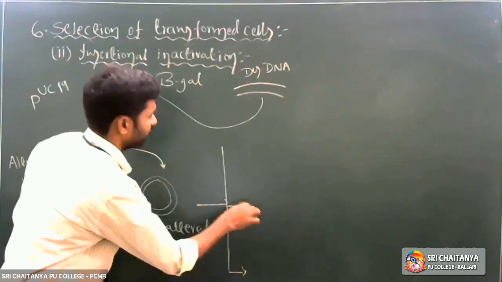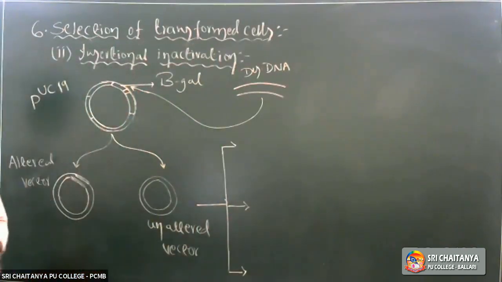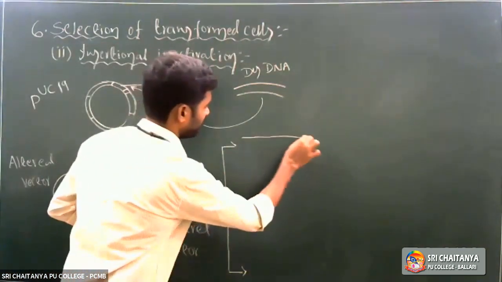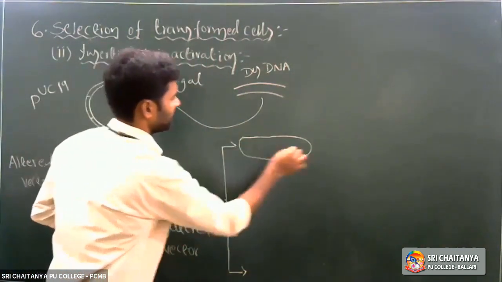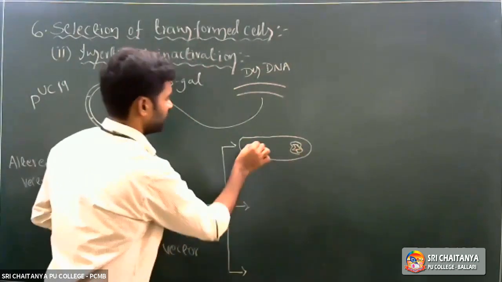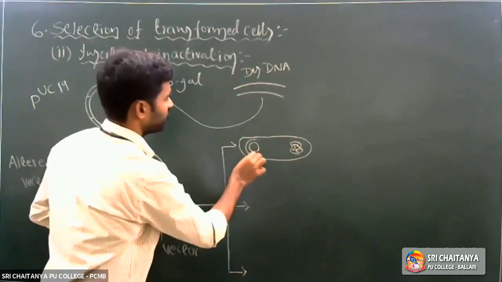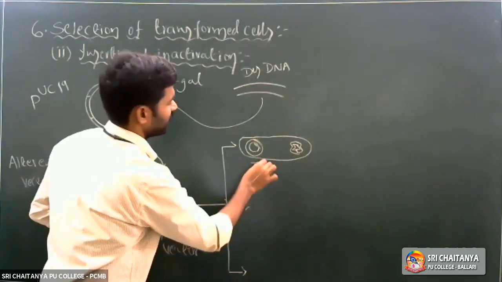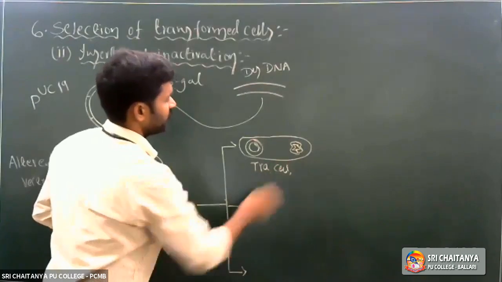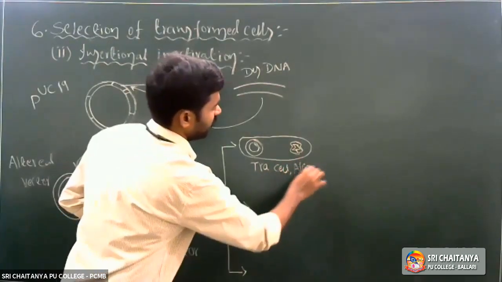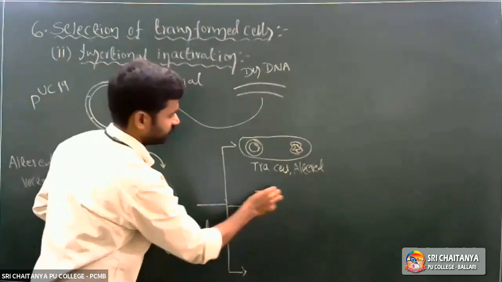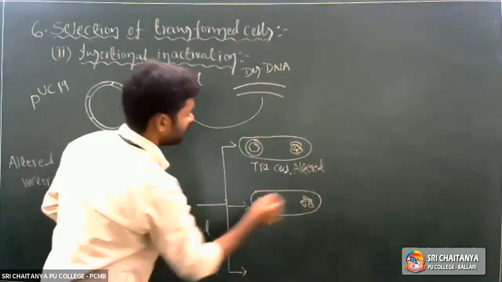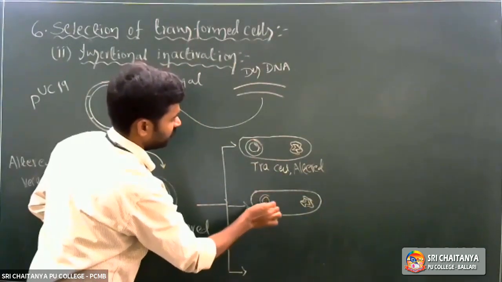As usual, both altered and unaltered vectors are transferred to the host cells. When we transfer the unaltered and altered vectors into the host cell cytoplasm, three types of bacterial cells are formed again. The first is a transformed cell with an altered vector. The second is a transformed cell with an unaltered vector.